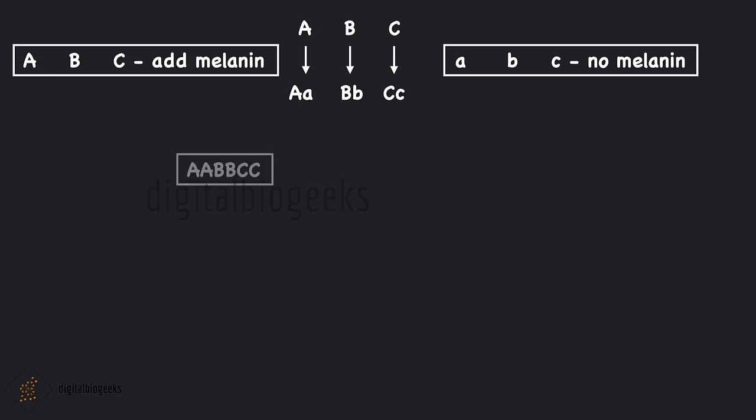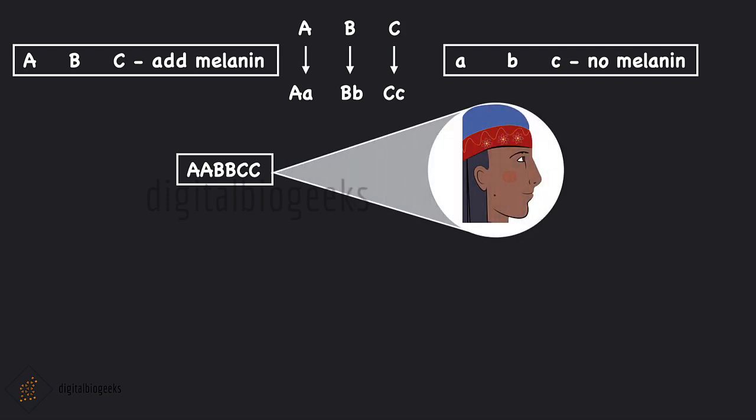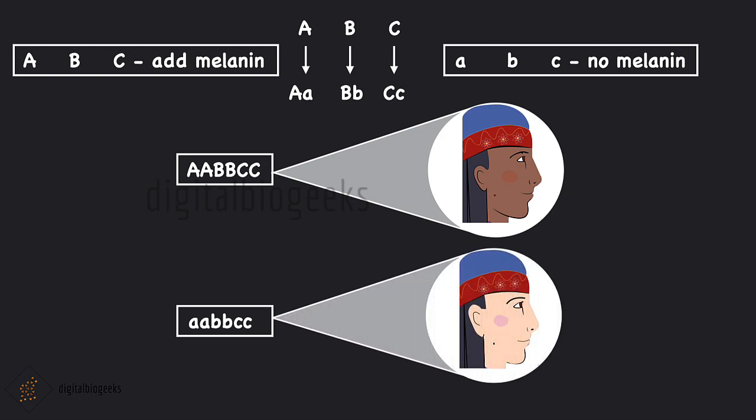If a person's genotype is capital AABBCC, the skin color is very dark as all the alleles are dominant and they add the melanin. The person with genotype small aabbcc has very little melanin and his skin will be very light. Other combinations will be in between these two colors.